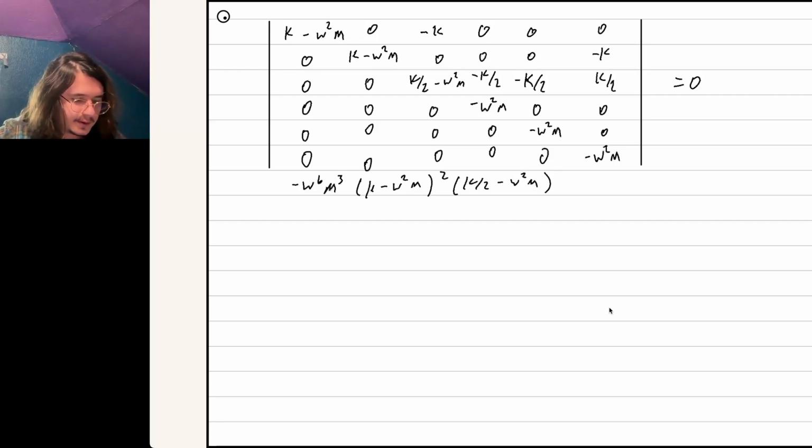And everything else is 0, is equal to 0. Which means you have 3 eigenfrequencies, 1, 2, 3, that are each 0.